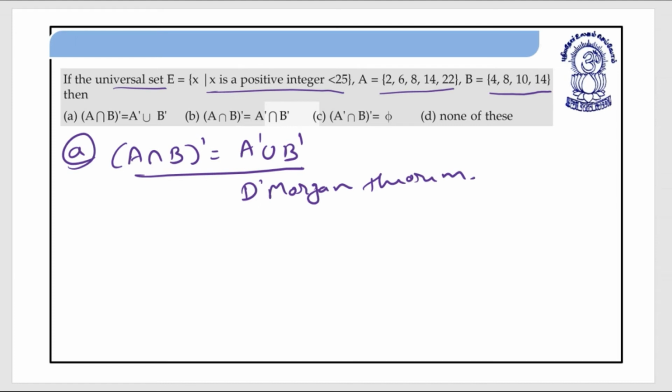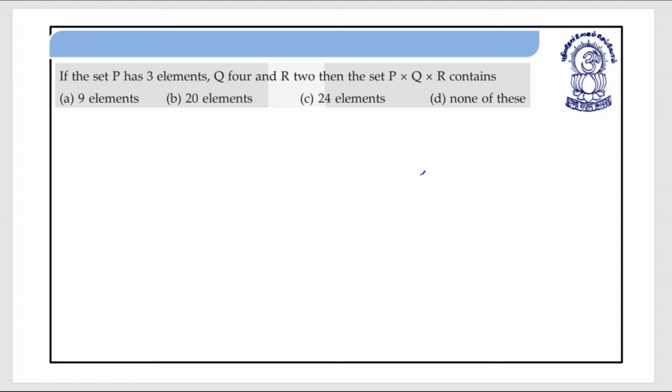So option A is the answer. If (A union B)' = A' intersect B', then this is also De Morgan's theorem. So you don't require A, B or E's value, or elements.